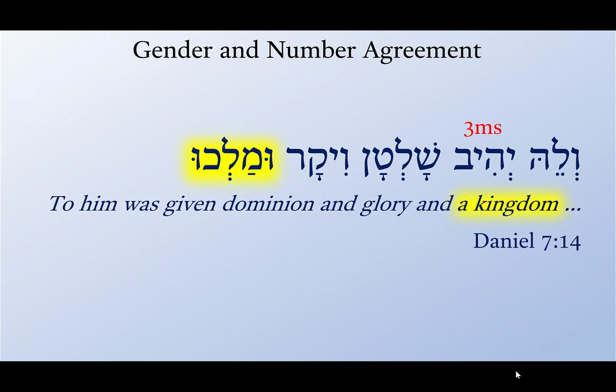So final thing to say is, just like in Hebrew, we shouldn't be too mechanical with our looking just at the suffixes of words to assign gender, because the dominion word shaltan, well, that word has the qamets-nun ending, but it's masculine singular. Okay, so that just happens to be the spelling of the word.